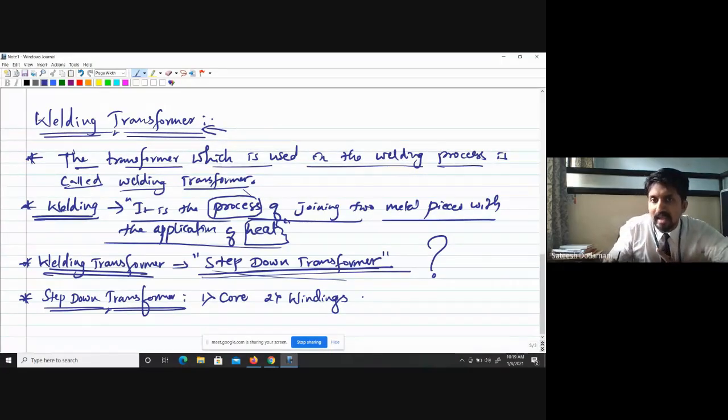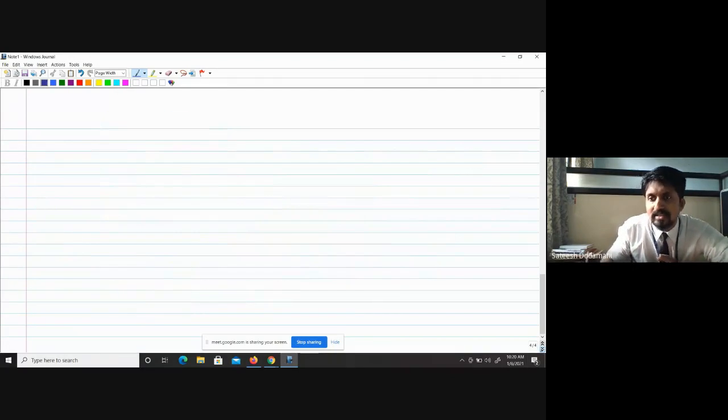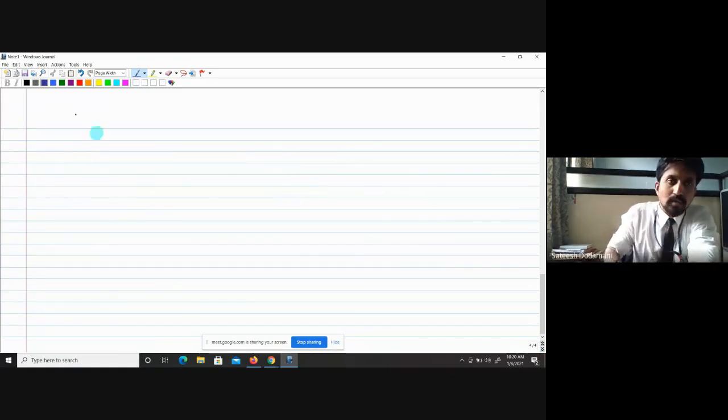In that tank oil will be there, or sometimes a fan is provided for cooling purposes. But fundamentally it consists of the core and the windings. So now let us see the welding transformer construction. Along with that, other points also I will tell you. So, welding transformer.